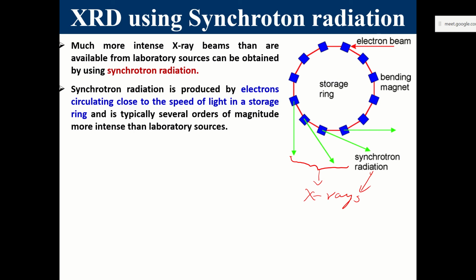You can get different wavelengths. This acceleration leads to this: the electrons are accelerated close to the speed of light in a storage ring. This storage ring comprises an array of magnets.